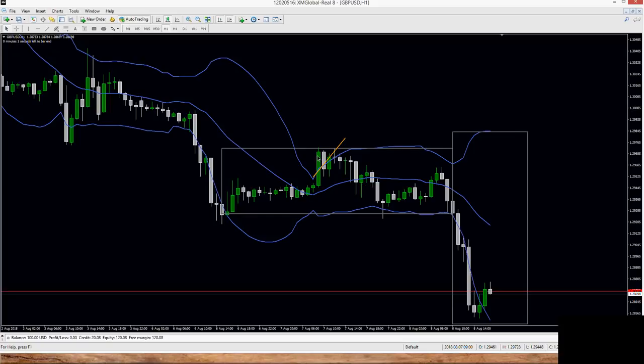So it has to go back inside. This is what happens over here. That's the first, a candle break. It goes back to middle BB. Then you have a candle reject. It goes back to middle BB.